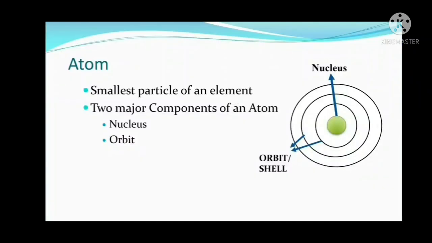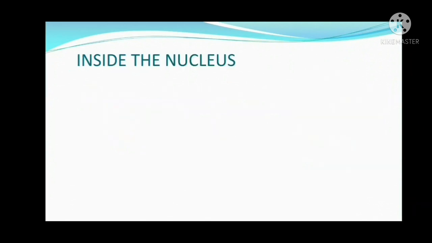So, an atom is the smallest particle of an element. Two major components of an atom are nucleus and orbit. Orbit is also called shell.